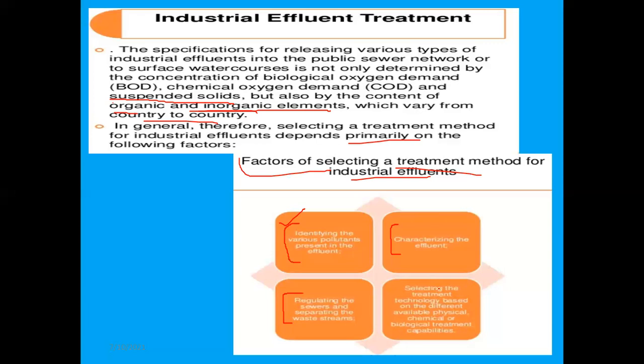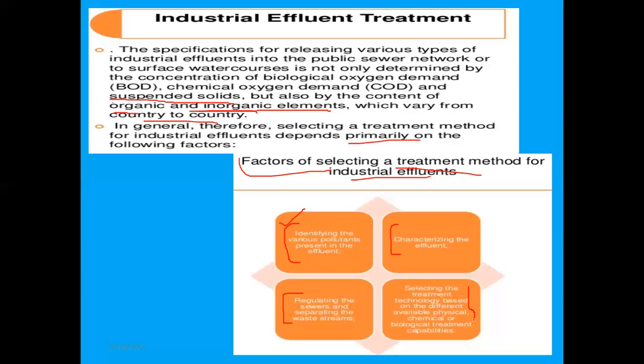Fourth one, selecting the treatment technology based upon the different available physical, chemical or biological treatment capacities. So we have to select the proper wastewater treatment technologies for the industrial effluent treatment plants, considering biological oxygen demand and chemical oxygen demand.